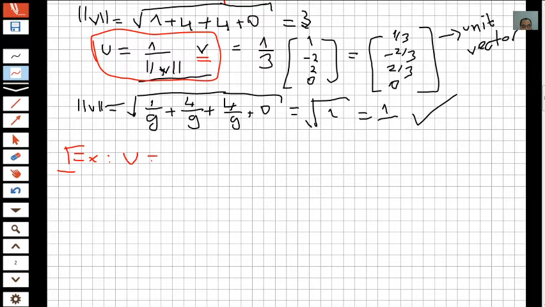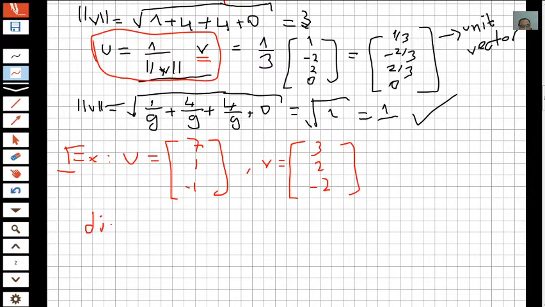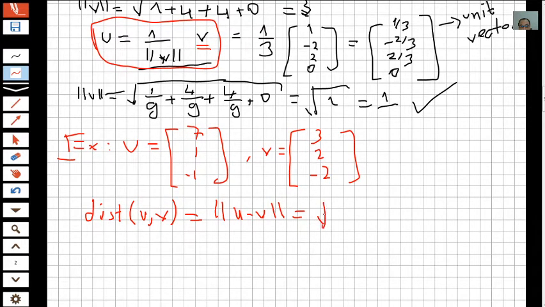Another example. In R cube, u has the components 7, 1, minus 1. V has the components 3, 2, minus 2. So the distance between them is equal to the length of the vector u minus v, which is equal to the square root of, what is u minus v?